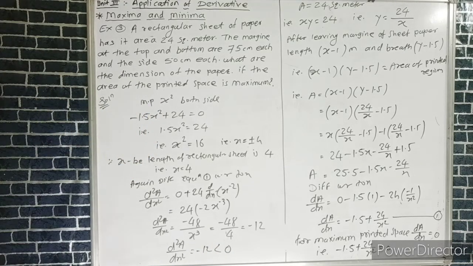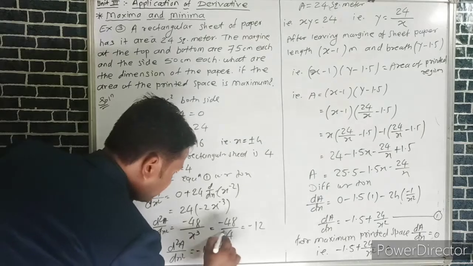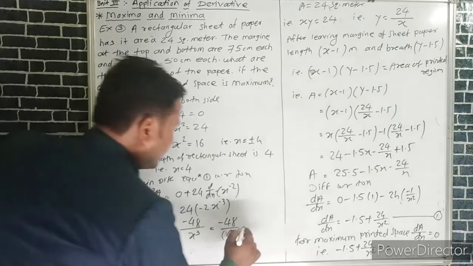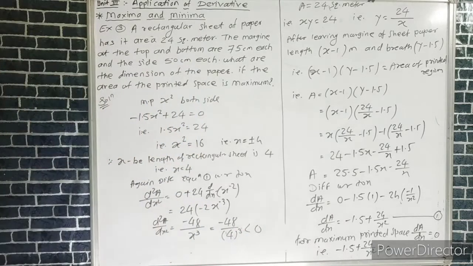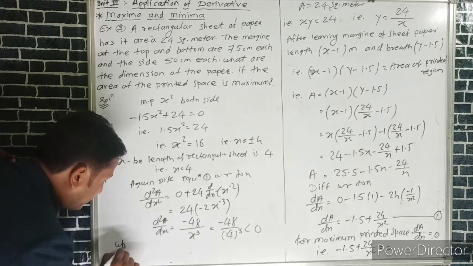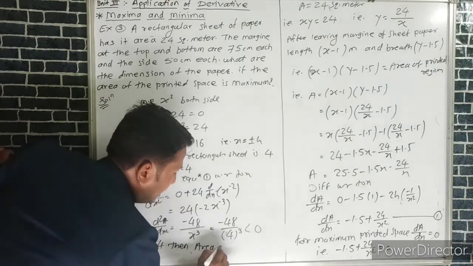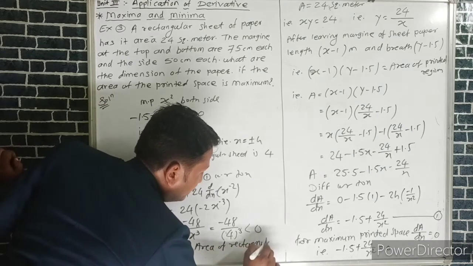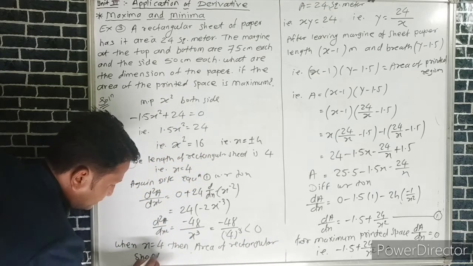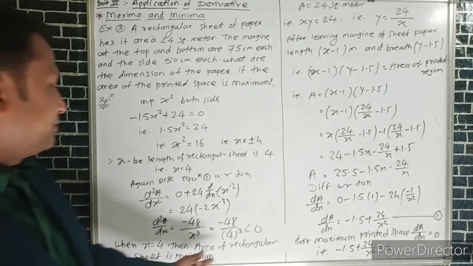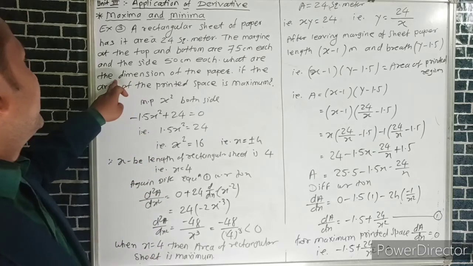Hence we can say that when the value of x is 4, then the area of the rectangular sheet is maximum.